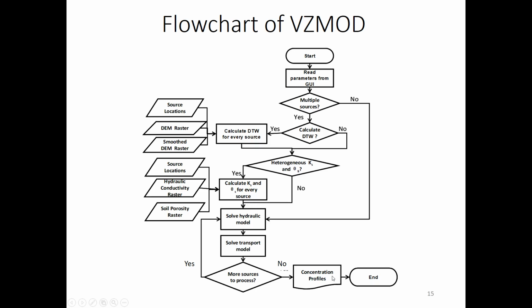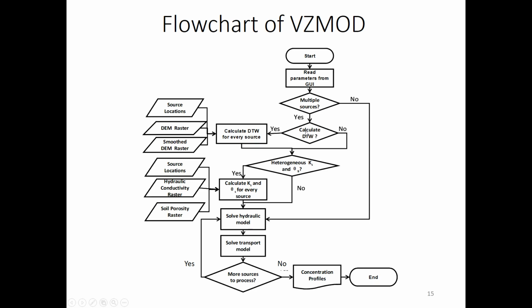You run it, and only one file is generated. But if your case has heterogeneous hydraulic conductivity and porosity, you need to tell the location of the septic tank and the raster file of hydraulic conductivity and porosity, and then you calculate the flow, and then calculate what I'll just call the water retention parameter, and then you run the simulation, and then you're done.